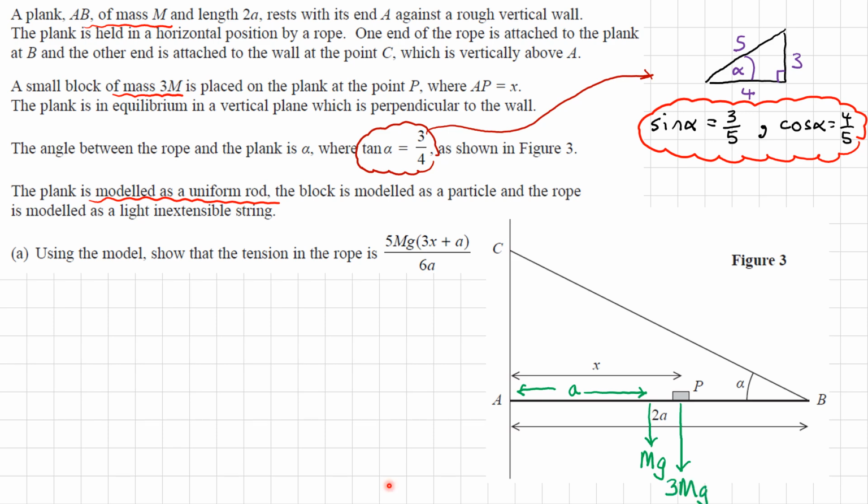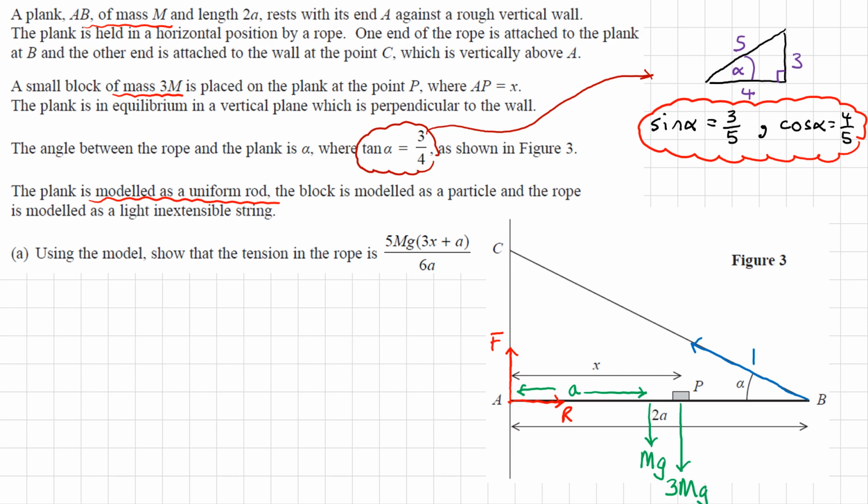Then where the plank is in contact with the rough wall, there's going to be a normal reaction, which we'll label R. The wall is rough, so there is going to be a frictional force at this point as well. The plank wants to move down, so there'll be a frictional force going up, and for now I'll just call that F.